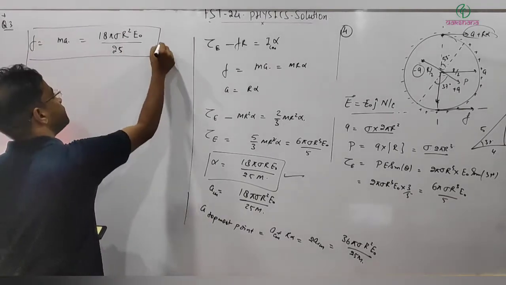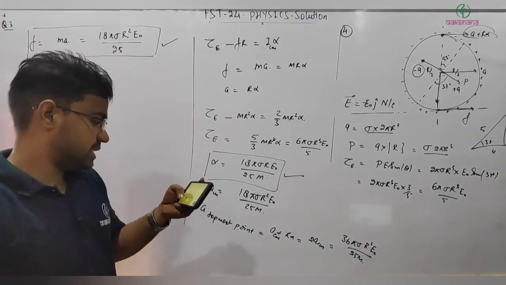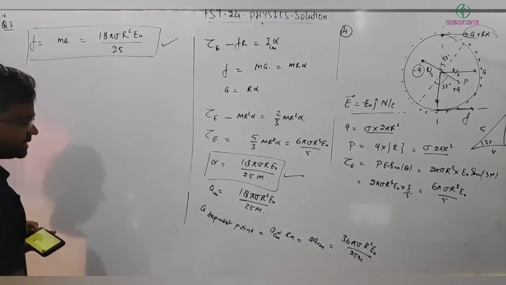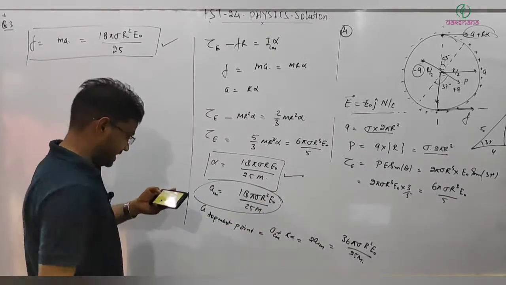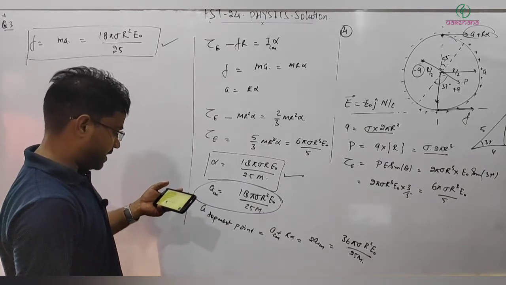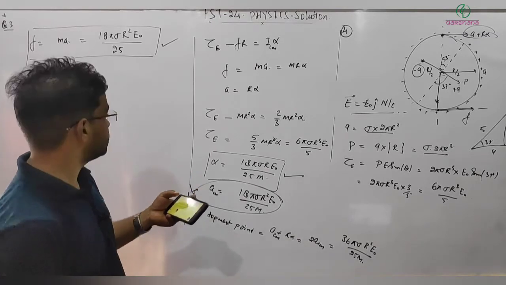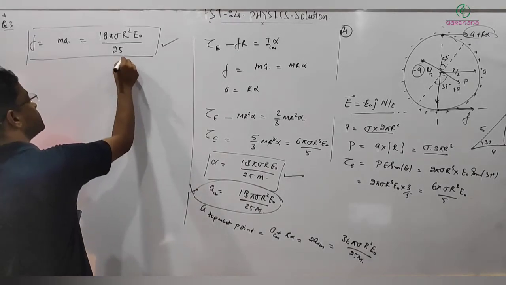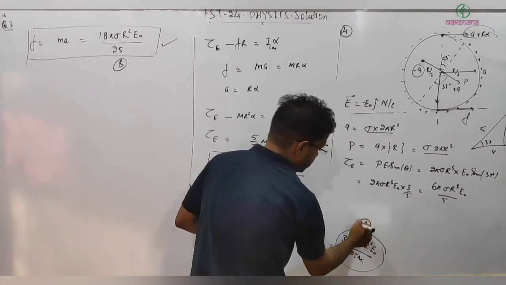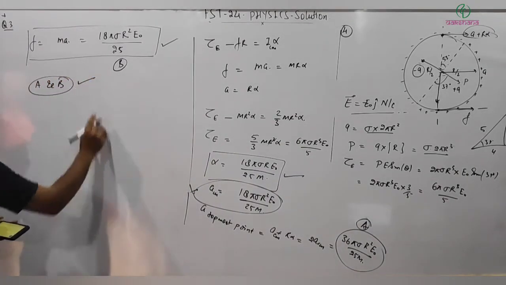This is the friction force acting on the sphere at t equal to 0, and that matches. The acceleration of the center of mass of the hollow sphere at t equal to 0 is 18 pi sigma R squared E naught by 25 m, so it's not matching option C. The frictional force matches option B, and the acceleration of the topmost point matches option A. So the correct options for question number 4 are A and B. This is the answer.